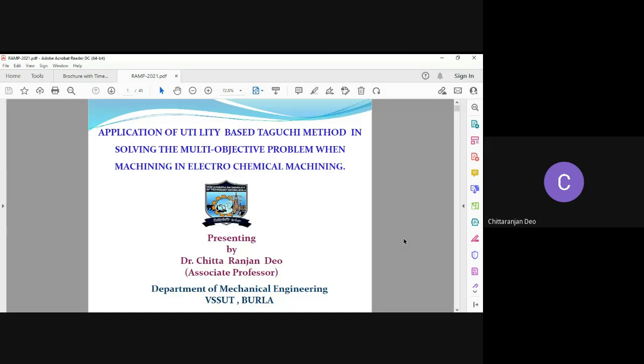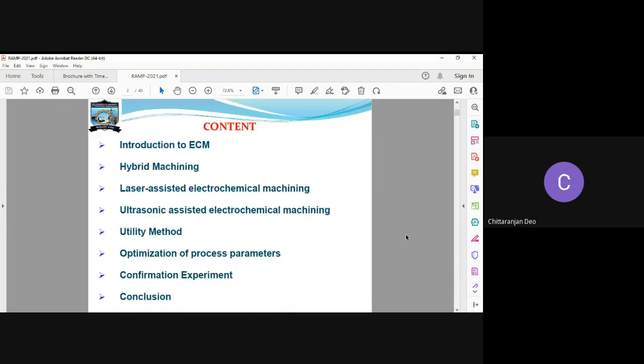Then we will discuss how the utility-based Taguchi method is applied to optimize the process parameters. The contents are an introduction to ECM, hybrid machining, and I want to spotlight the basic working principle of ECM.